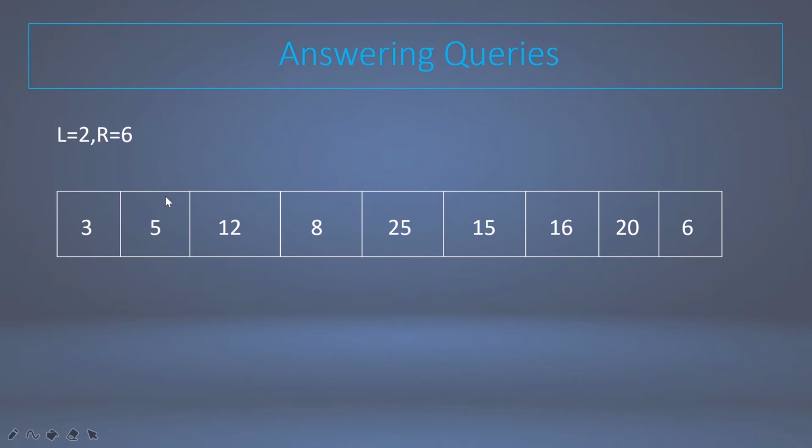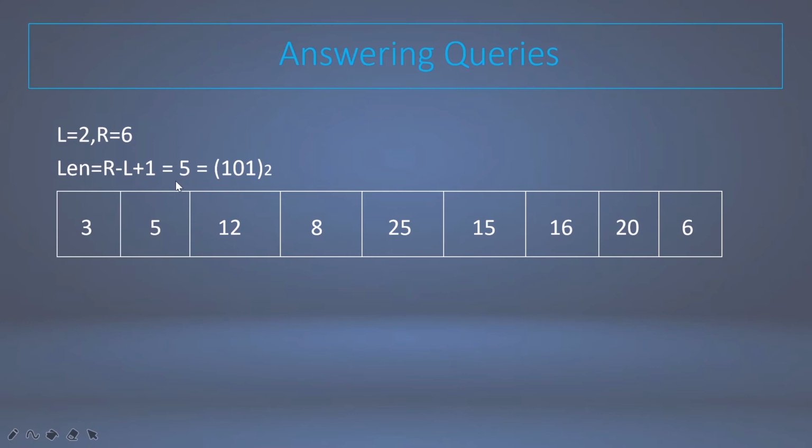Since we are making a sparse table by the maximum power of base 2 of any length, we have to calculate the length of this range first, right? So this is actually 6 minus 2 plus 1, which is 5, right? We have to calculate the maximum power of base 2 that is less than or equal to 5, right?